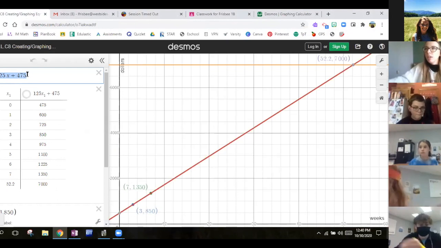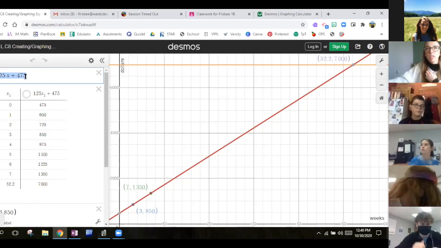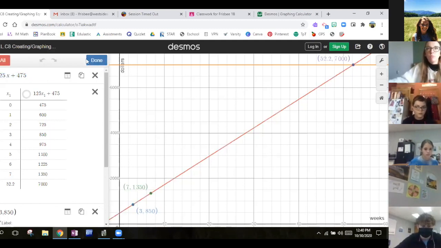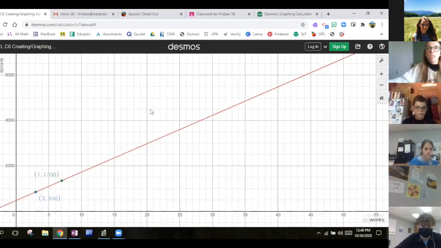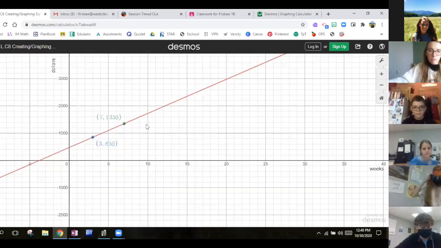About the only thing about this website is you have to use X and Y values to represent everything. So instead of W for weeks, I used X. Now they've gone ahead and graphed it for us. So this red line going across your screen is representing the equation.